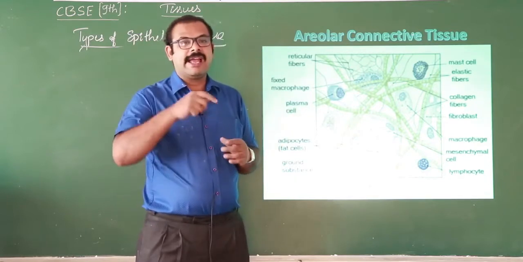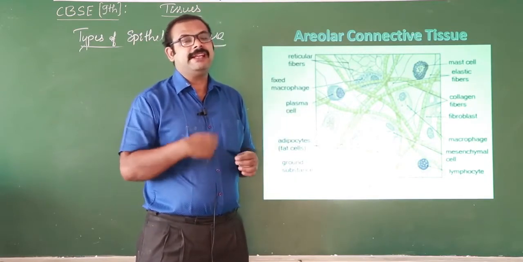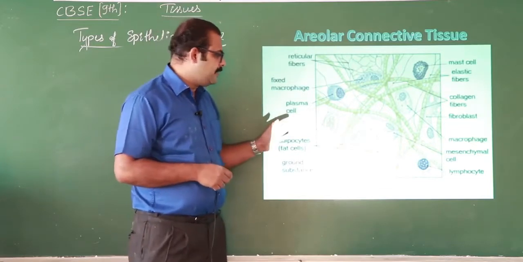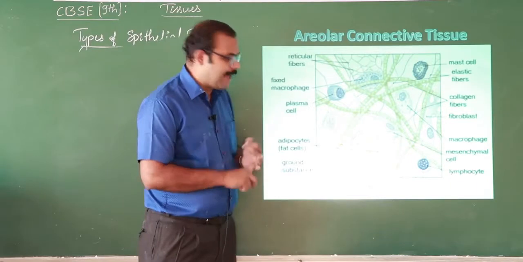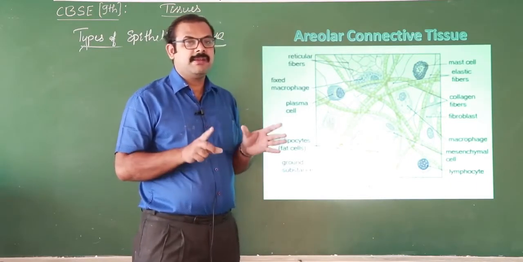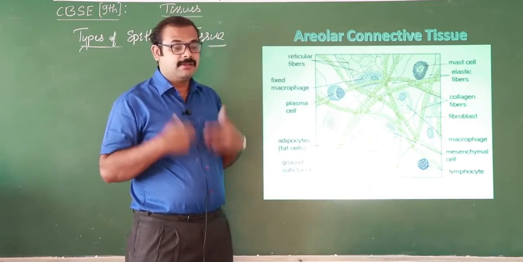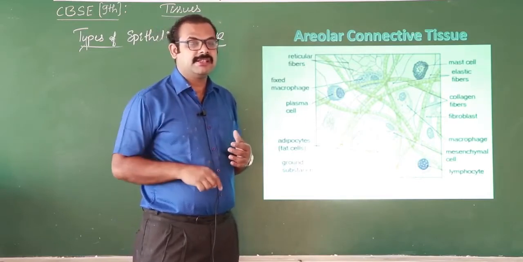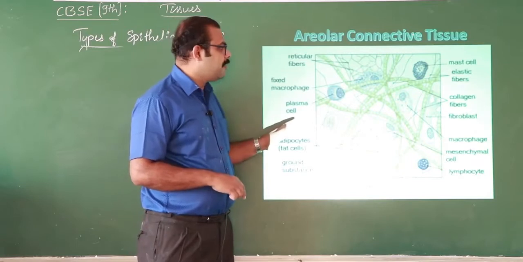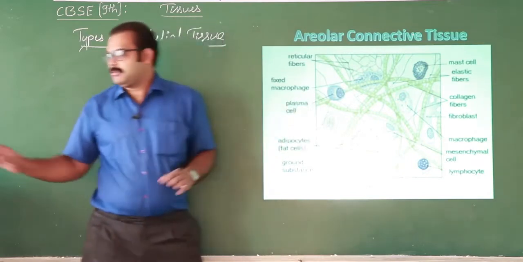These fibers act as a binding material. Cells like fibroblasts, macrophages and plasma cells mainly help in engulfing the bacteria or foreign particles which enter the body. So this is about the areolar connective tissue.